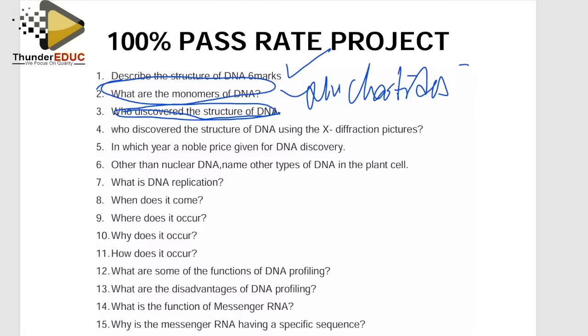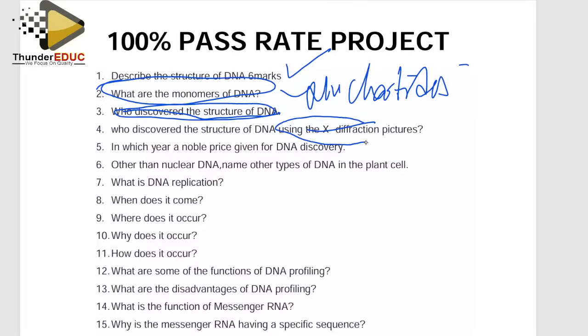When you talk about the discovery of DNA, we are not asking you for a lot of story, what was there before and after. We just want to know who discovered the structure of DNA using X-ray diffraction pictures. Here you talk about Maurice Wilkins and Rosalind Franklin.